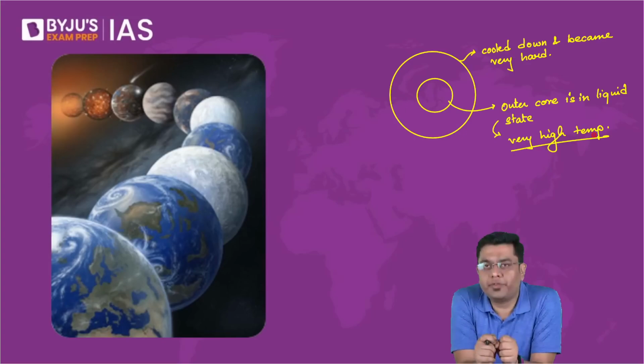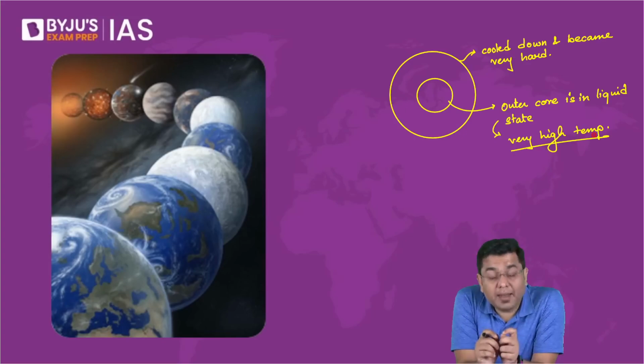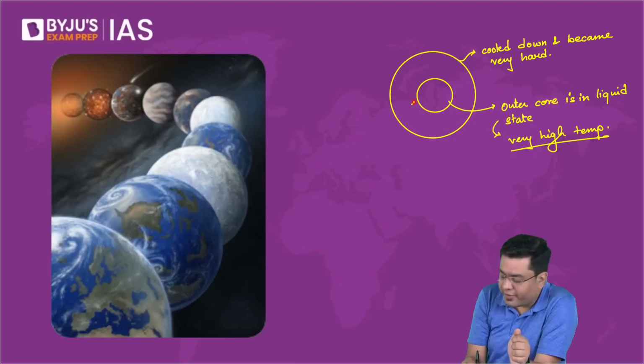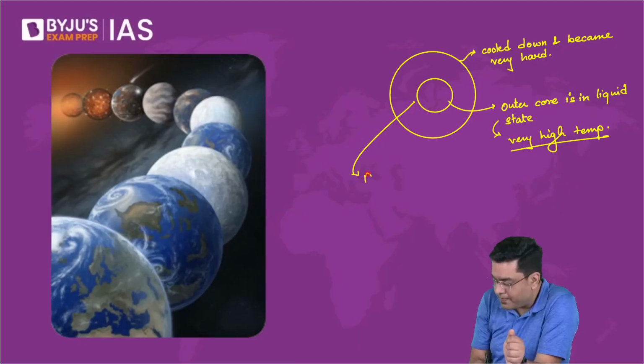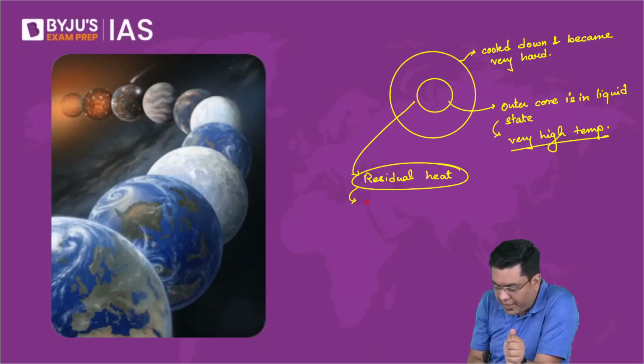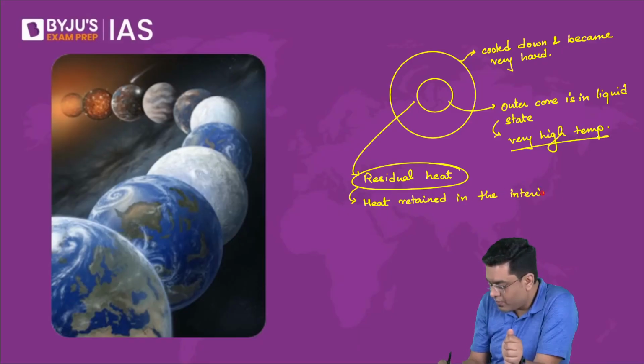All those events on the land are directly or indirectly driven by that heat which has been retained in the interior of the planet. And that is what is referred to as residual heat. Residual heat: heat retained in the interior since the time of formation.